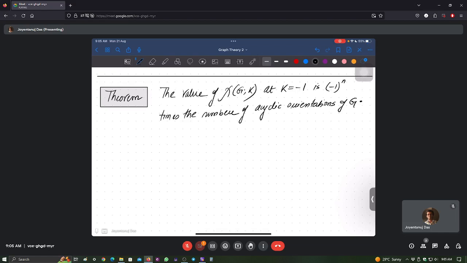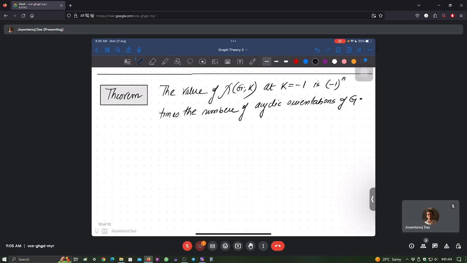So the statement is about the value of the chromatic polynomial at k equals to minus 1. What is n? n is the number of vertices.